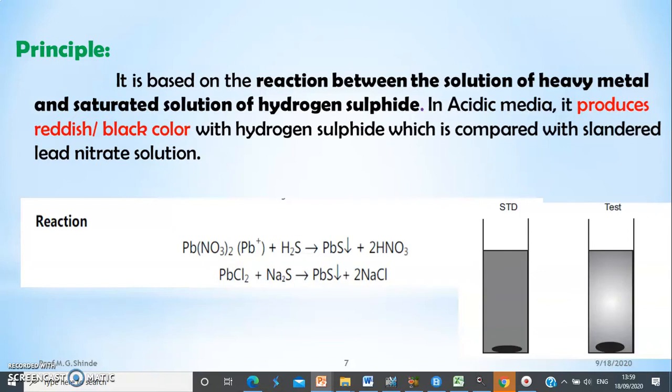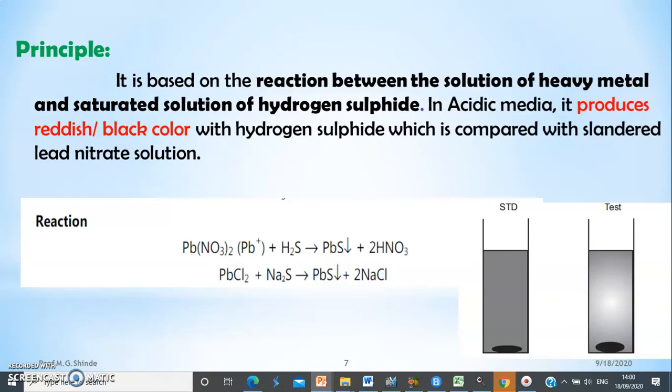Generally, heavy metal produces metal sulfide ions, and that will produce the color or precipitate in the solution. So the reaction involved in today's practical: lead nitrate in the presence of H2S gas will give the formation of lead sulfide, which is a black precipitate.